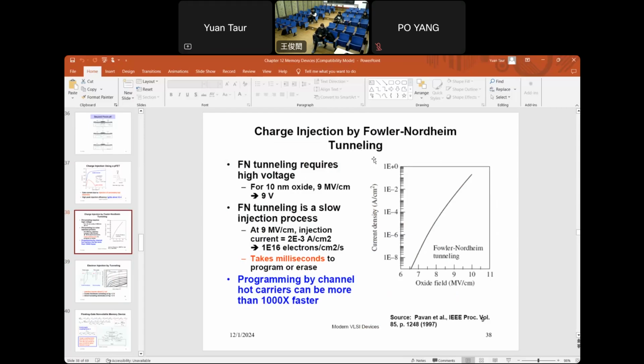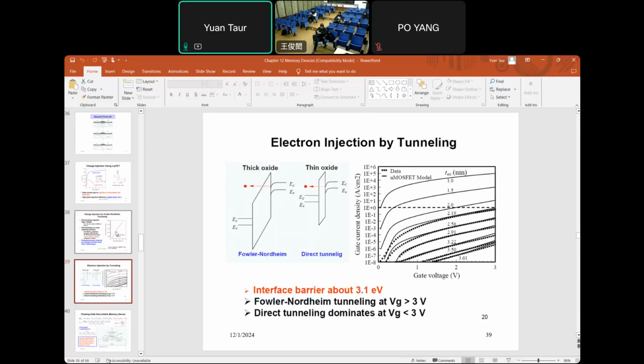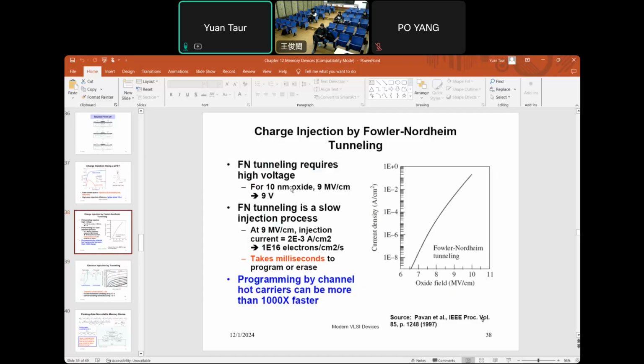But this can always be used. So in most cases, we use it for a non-volatile RAM cell. We want the oxide thickness to be on the order of 10 nanometer, so that we can use the Fowler-Nordheim tunneling for program and erase.